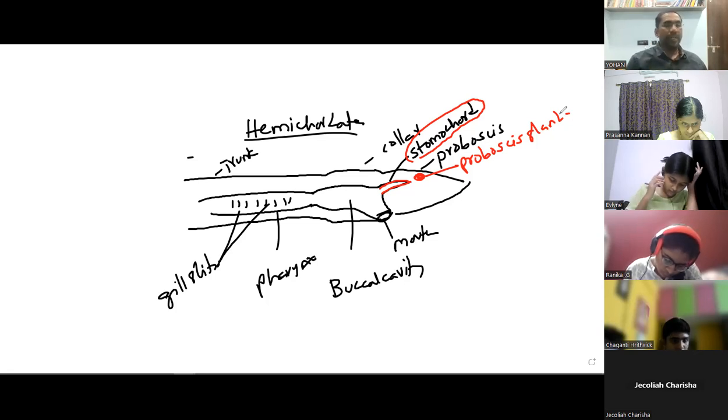And sexes separated. Fertilization external. Development indirect.